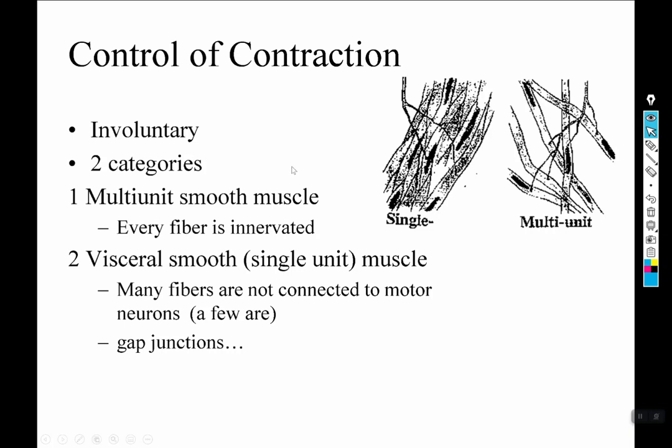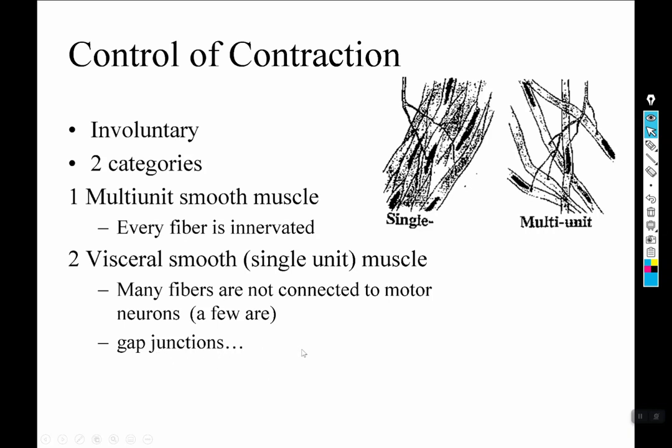So we have 2 options for contraction, 2 modes. One is multi-unit smooth muscle, where every single fiber is innervated. And 2, we have visceral smooth muscle, which is single unit, and this is where there's a few of the individual cells that are connected to motor neurons, but not every single one. And the way that the contraction spreads from cell to cell is via gap junctions, which remember are little holes that allow one cell to share its cytoplasm and therefore share ions with its neighbor.